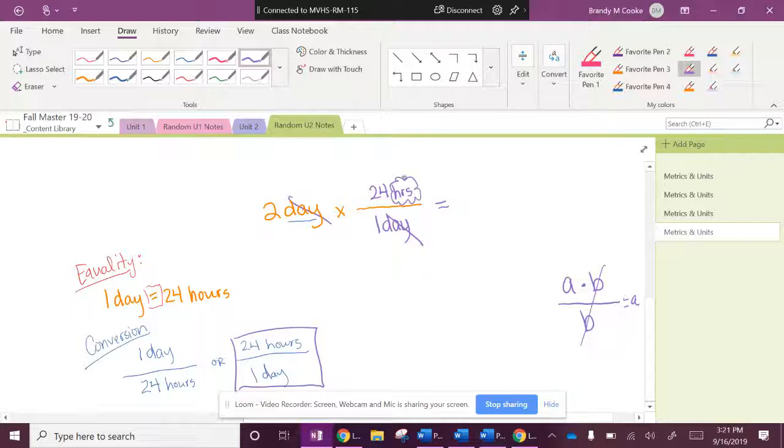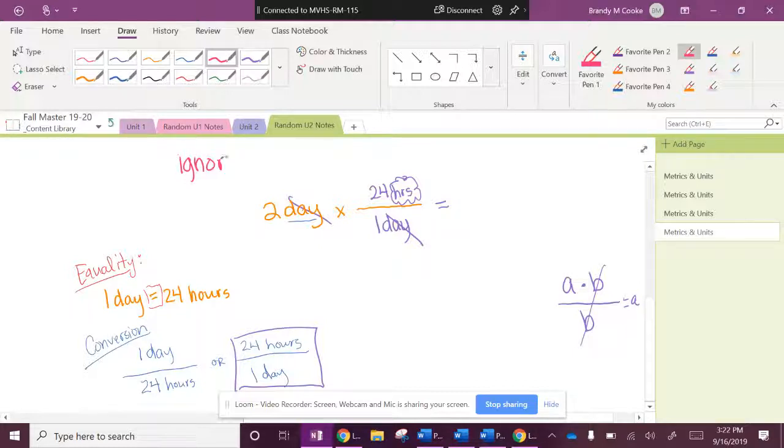This is what the question was: how many hours are in 2 days? And once we have this set up, the math is really easy. If the number's on the top, we multiply, and if the number's on the bottom, we divide. We can always ignore the ones because anything multiplied or divided by 1 is the exact same thing.